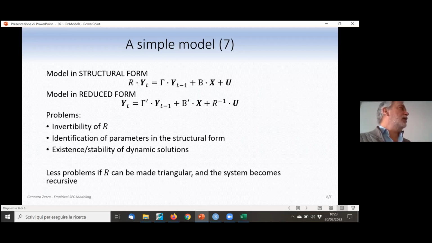So in most cases, we don't want to lose the estimate of the contemporaneous link among variables. And so the mainstream switched from VARs to so-called structural VARs. The idea is that you impose restrictions on the gamma prime and B prime matrices so that you can identify the original parameters in the structural form.